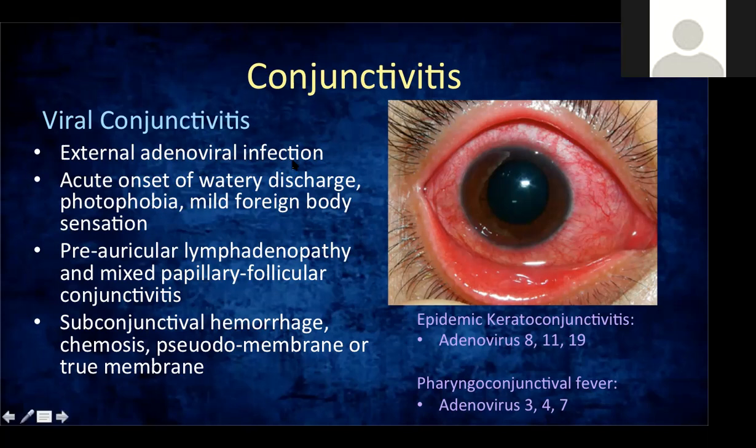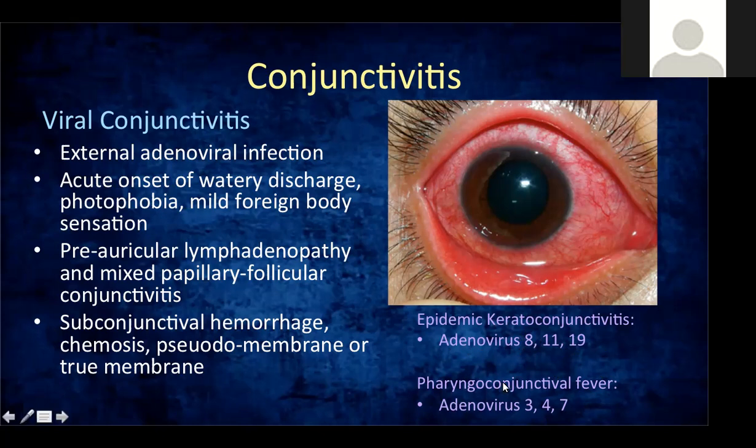Highlighted here are the etiologies of your epidemic keratoconjunctivitis. Nice for you to know. You don't have to memorize this. Just know that for your adenovirus, we have the adenovirus 8, 11, and 19 that commonly causes your EKC.